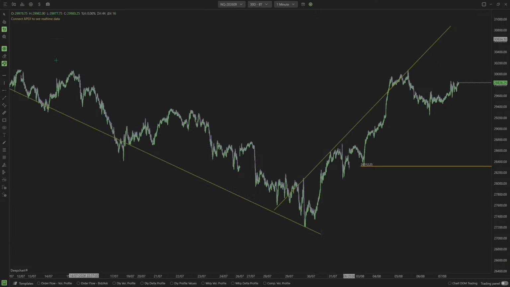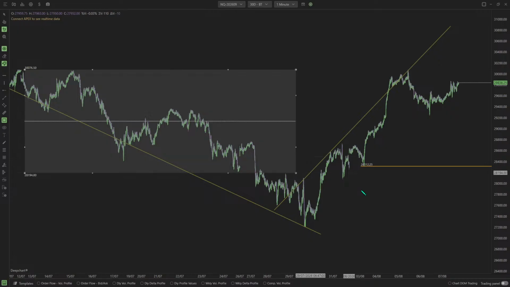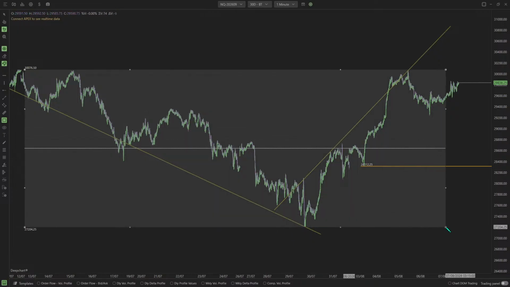Right, on the 30-day. We are in a range. Is this a pullback?